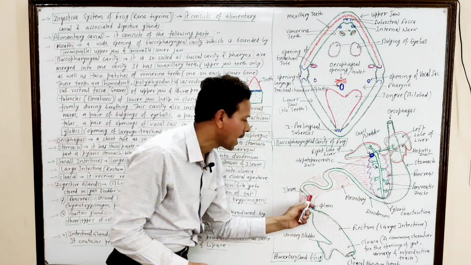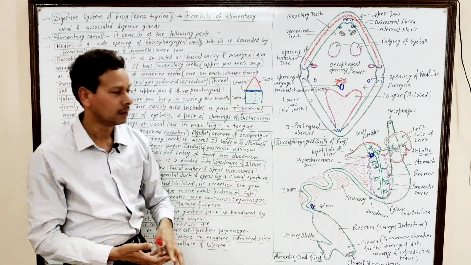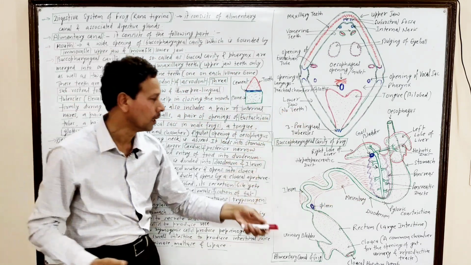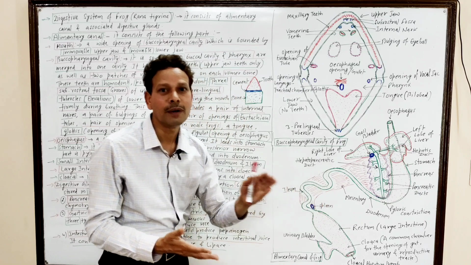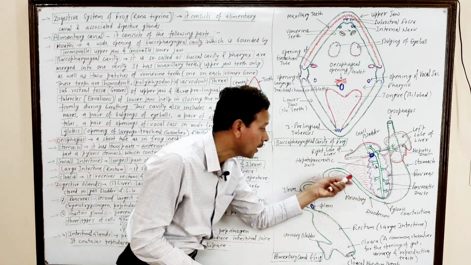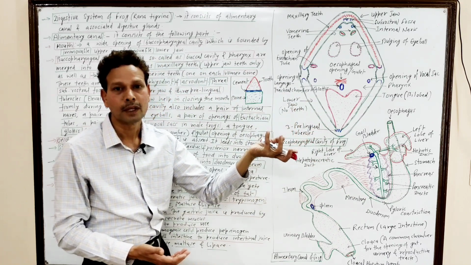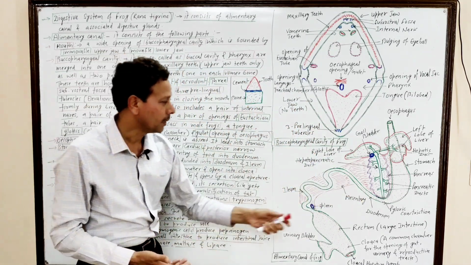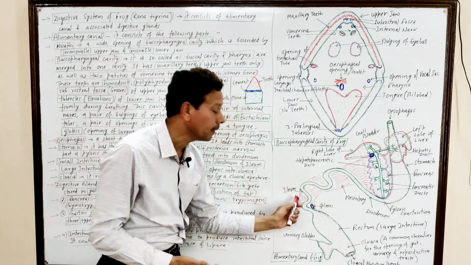This small intestine is a coiled structure, and it is the longest part of the alimentary canal. It is divided into two parts. Dear students, this upper part is the U-shaped part, the duodenum, and this lower part is the ileum.